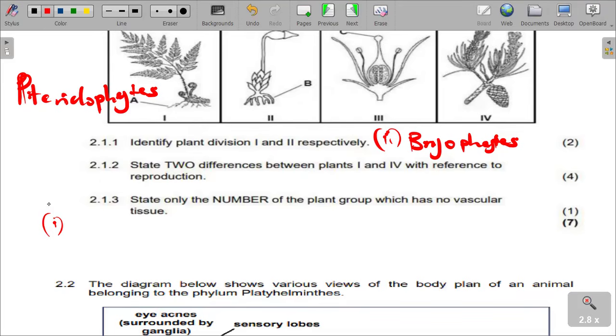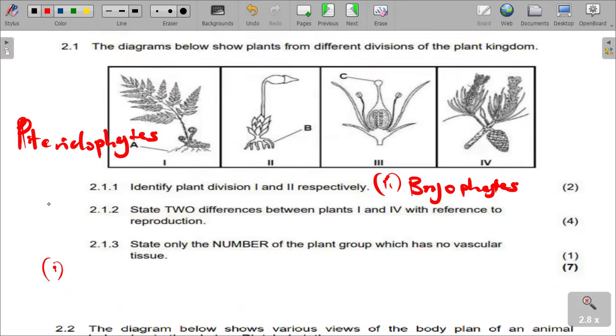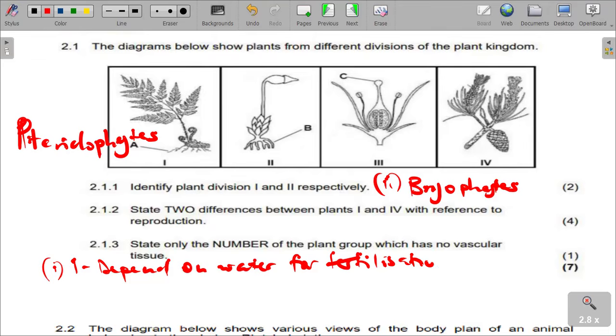And then four does not depend on water for fertilization. One depends on water for fertilization.